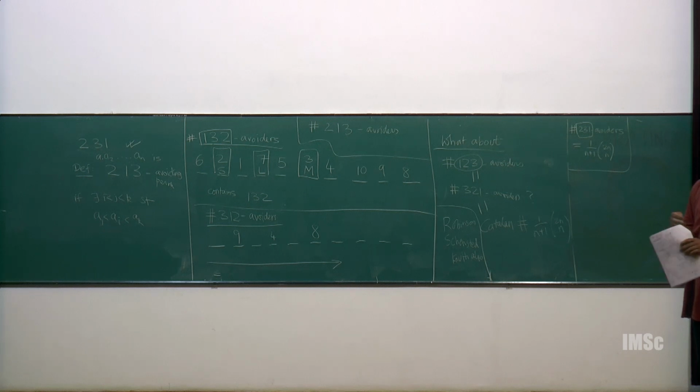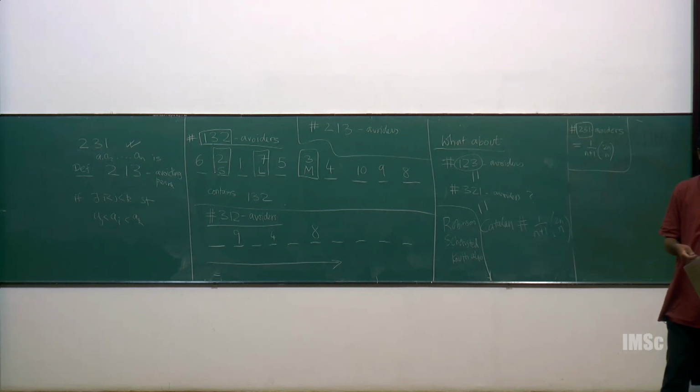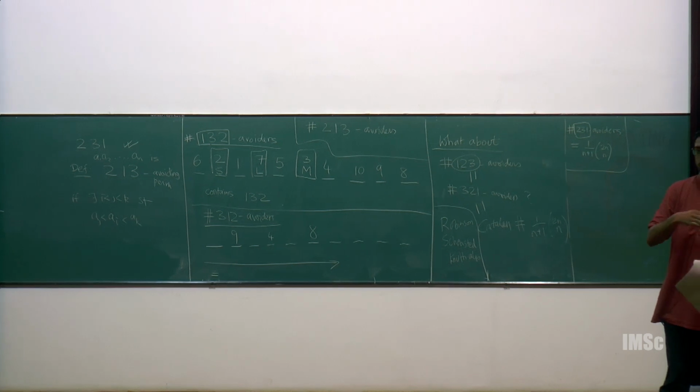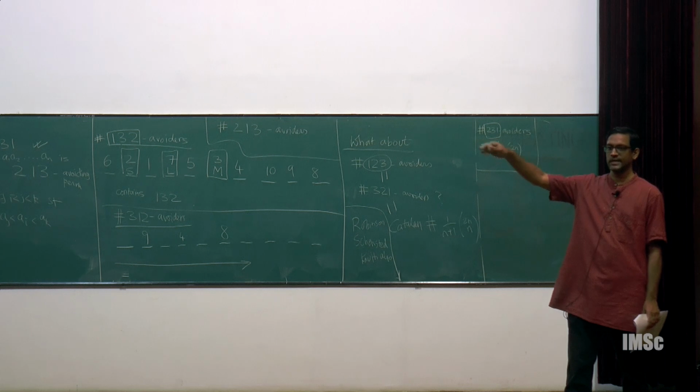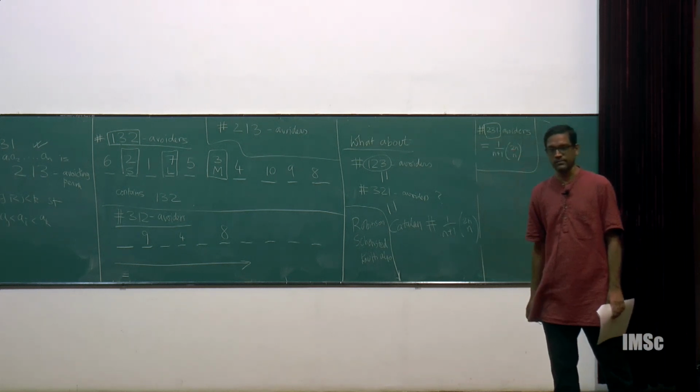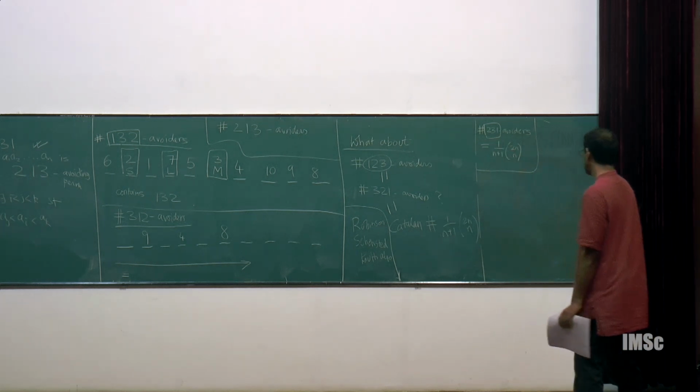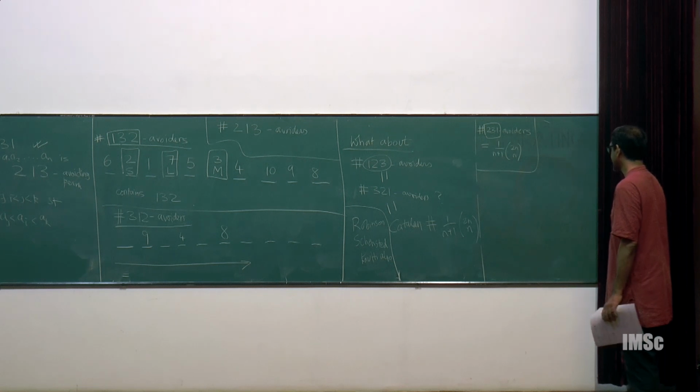Now, do you know how fast n factorial grows? It's roughly like n power n, right? This is called Stirling's formula. It tells you how n factorial grows when n is very large. It's rather large. Now, do you know how fast the Catalan number grows?